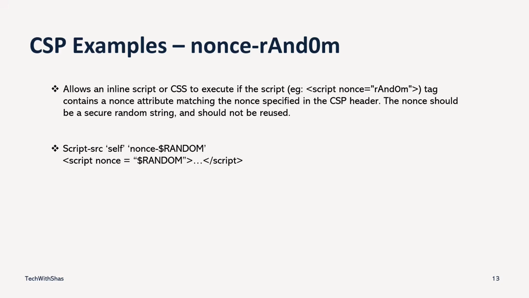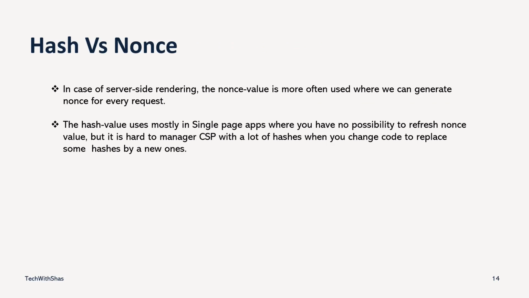Sometimes people ask which one to use: hash versus nonce. Single page applications don't refresh each part every time, so it's better to use hash-based. For applications rendered from the server side, we have an opportunity to get a new nonce every time.